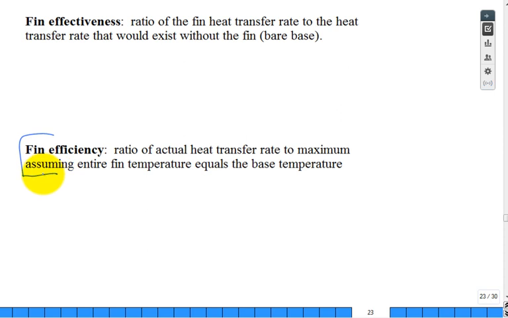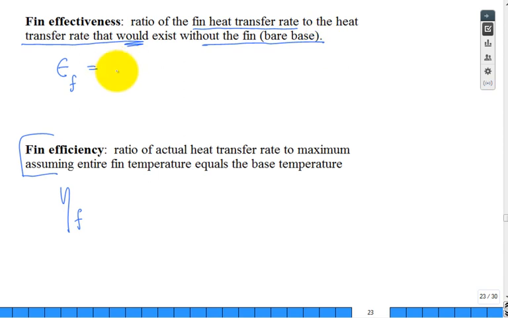We covered the fin efficiency, did we not? What was the symbol for that? Eta. You also have fin effectiveness. Epsilon, I believe, is the term used in the textbook. And just read the definition. Ratio of the fin heat transfer rate to the heat transfer rate that would exist without the fin, a bare base. And so this number hopefully is greater than 1.